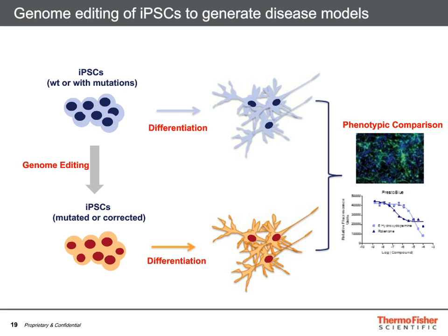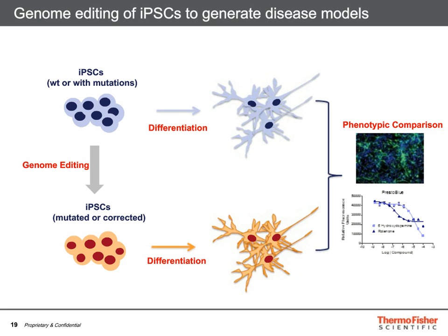Now we can edit those cells to either repair or add the mutation to those patient-derived iPS cells. So now we have a matched set of iPS cells, and considering the patient background is identical for both these cell types, the only difference is that particular mutation that we've either fixed or the one that we've induced.